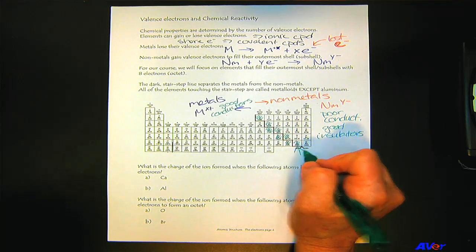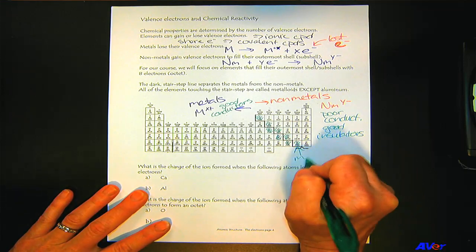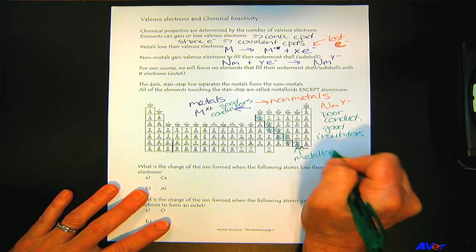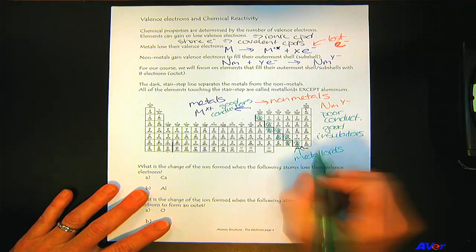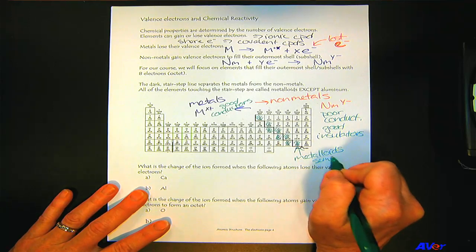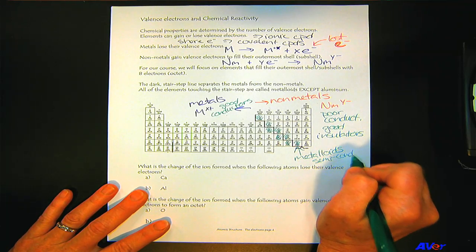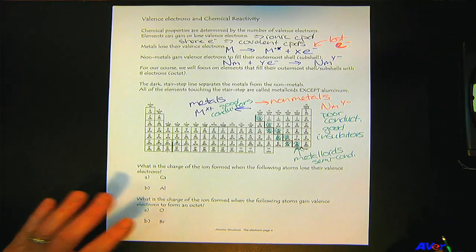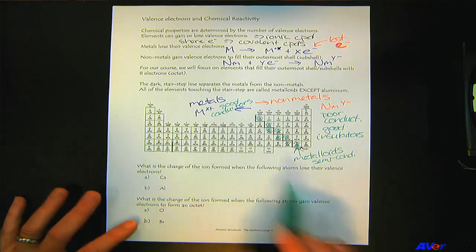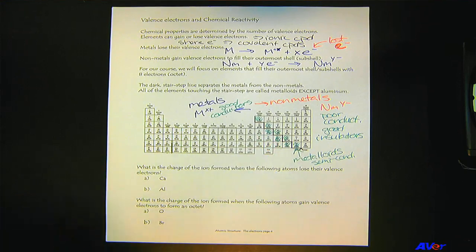These elements that I've marked in green, these are the metalloids. And they're also called semiconductors. Right? So those of us that enjoy computers and cell phones and any kind of gadgetry, semiconductors are part of that pleasure.